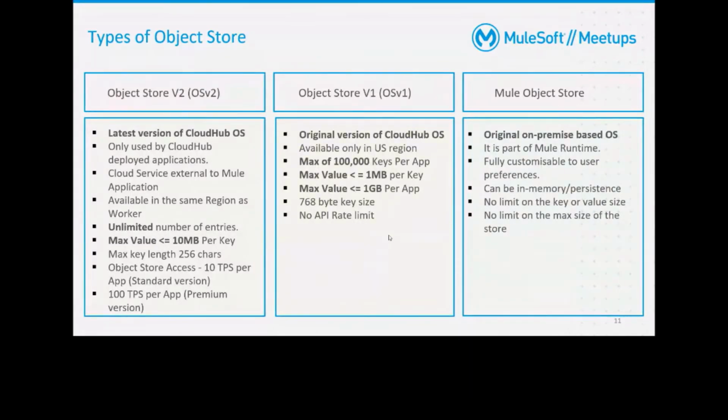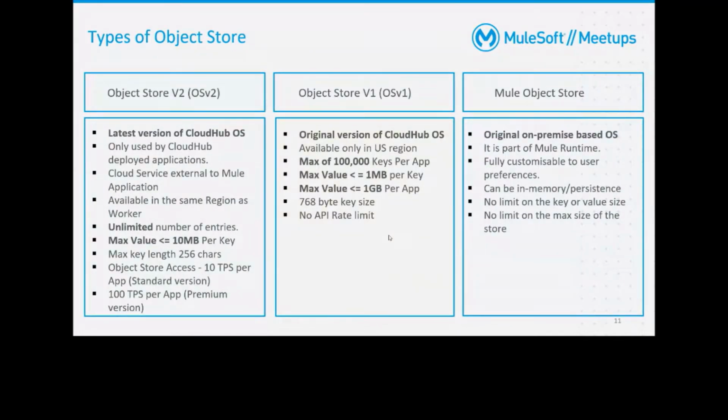Object Store V2 is the latest one, and Object Store V1 is the original one that came up, and it is compatible with Mule 3. V2 is compatible with Mule 4. So V2 is the latest one. Going forward, V1 is going to be deprecated, and we should definitely be using V2 in all our further implementations.